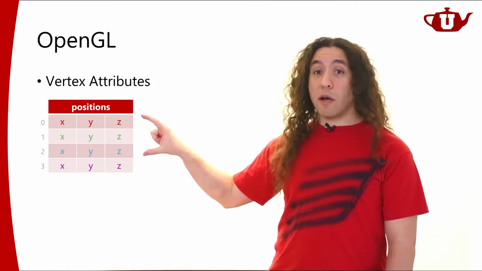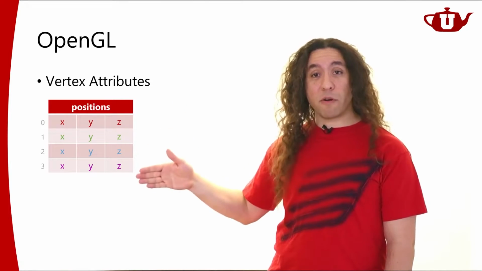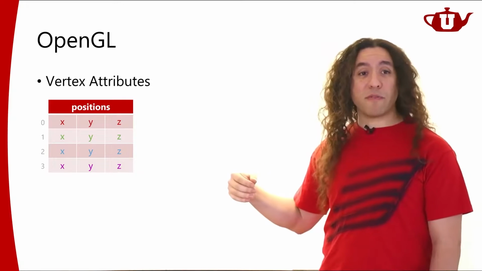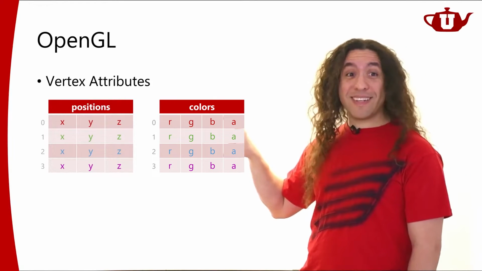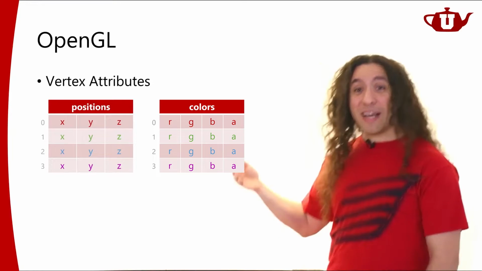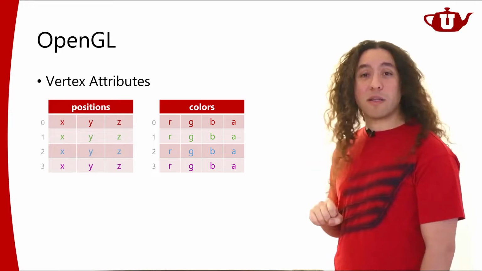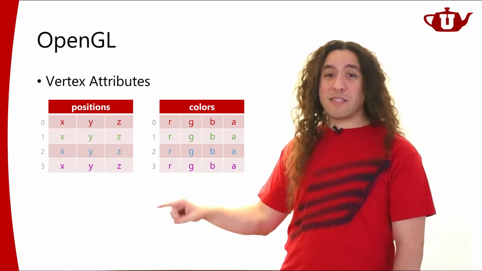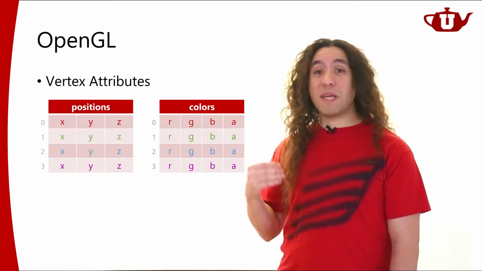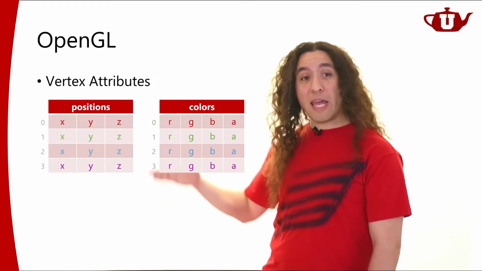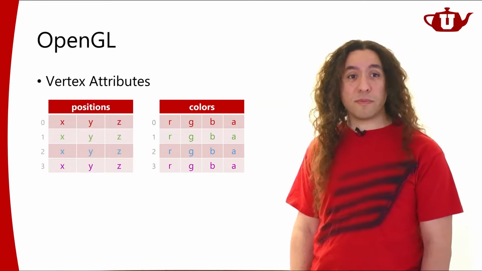So it's going to be index 0, 1, 2 for this vertex buffer object. If I have another vertex buffer object containing vertex colors, it's going to be the first 3 elements of that buffer object. And if I have another one, that's going to be the first 3 of that vertex buffer object as well. So the indices 0, 1, 2 that define my triangle are going to be the same indices into any one of my vertex buffer objects that I'm using for my vertex attributes.